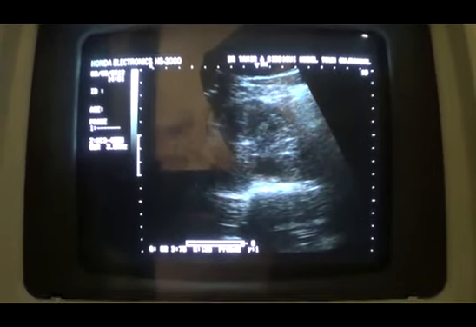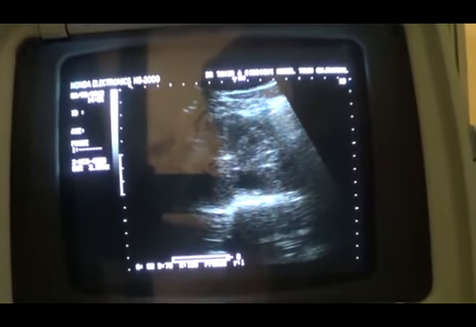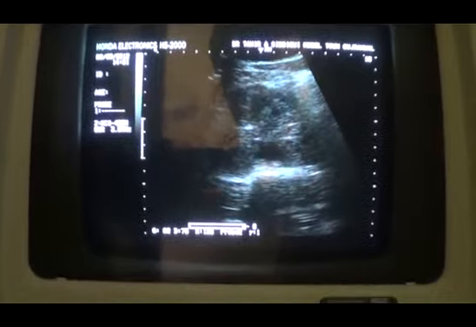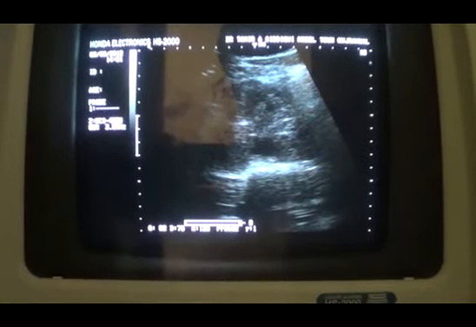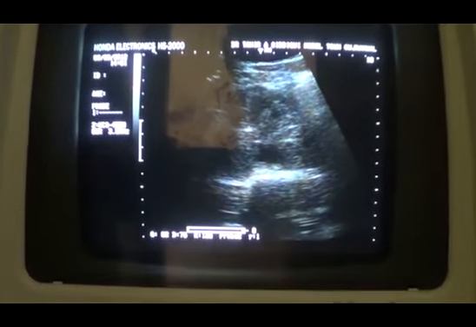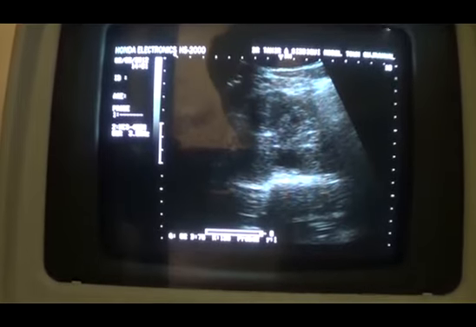Two of them are in the anterior segment of the right lobe, one is in the posterior segment. They do not relate to any other organ, the gallbladder, pancreas, or the right kidney. They are within the liver.